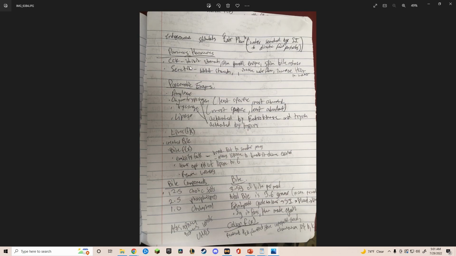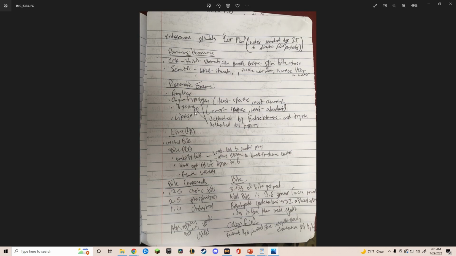Here, the pancreas. So first, the pancreas hormones, CCK and secretin, both inhibit the stomach, but CCK stimulates the pancreas and bile release, and secretin increases water flow and bicarbonate in water. And the most important parts of the pancreatic enzymes are the amylase and lipase, like we talked about earlier, and chymotrypsinogen and trypsinogen.